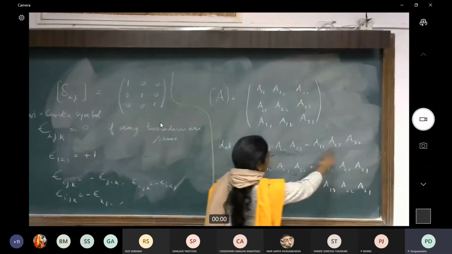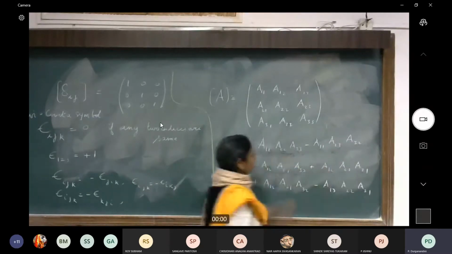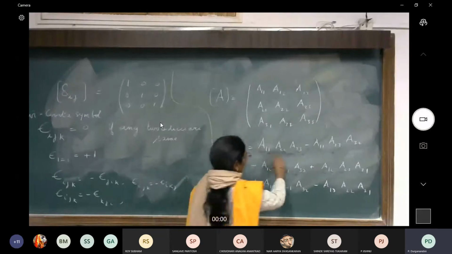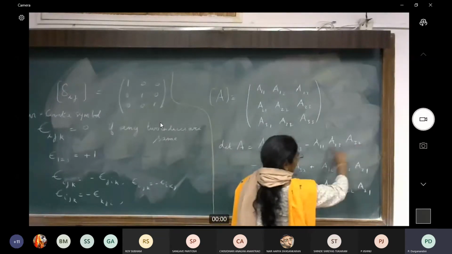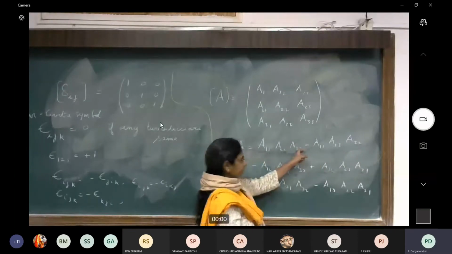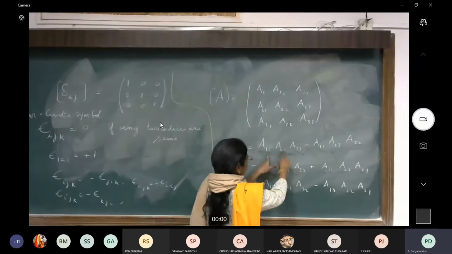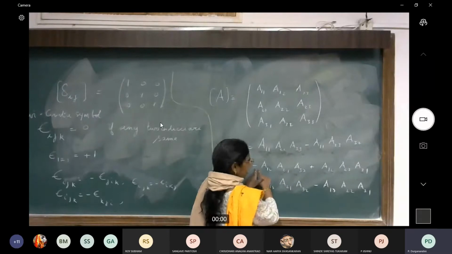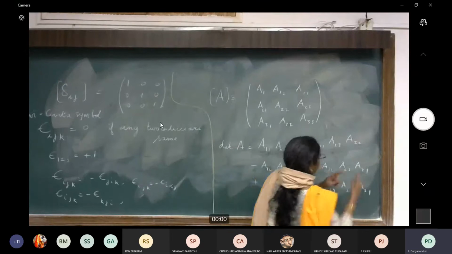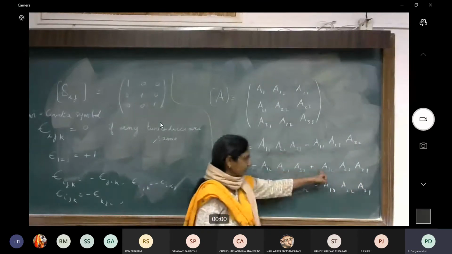And you can also see that every time I have an odd permutation of 1, 2, 3, I get one extra minus sign here in the term, in the coefficient. So from here 1, 2, 3, I went to 1, 3, 2. In the second subscript, I get a minus sign. From here, if I start 1, 2, 3, in the second subscript, I go to 2, 1, 3. So I've exchanged these two and I get a minus sign. But if I go to 2, 3, 1 from 1, 2, 3, I have done 2 permutations, so I still get a plus sign.